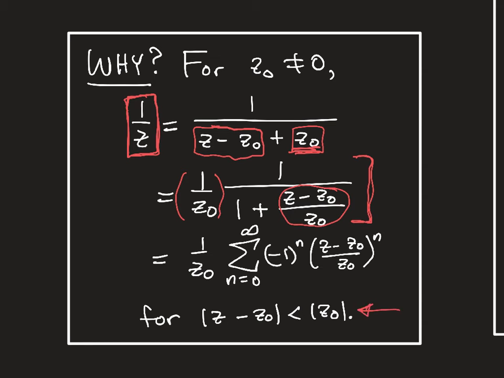So that's just this condition here, that the modulus of z minus z0 is less than the modulus of z0. So you get this geometric series representation, which is a power series centered at z0. So we get that 1 over z is in fact analytic at every point except for 0.